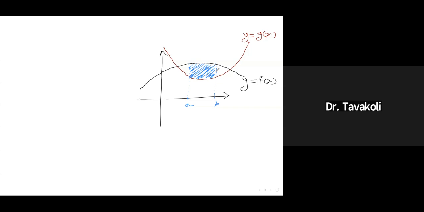In this example, over that interval from a to b, the graph of f of x is above g of x. So in fact, in this picture, over the interval from a to b, f of x is more than or equal to g of x.